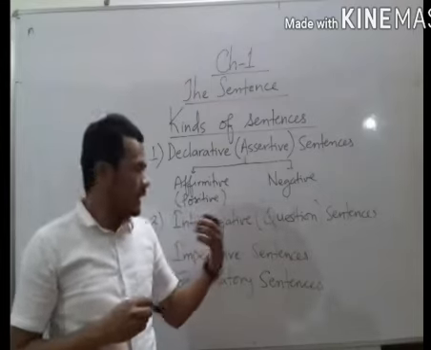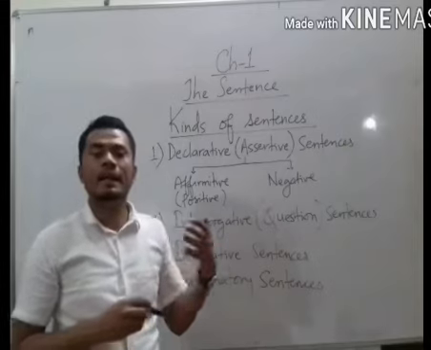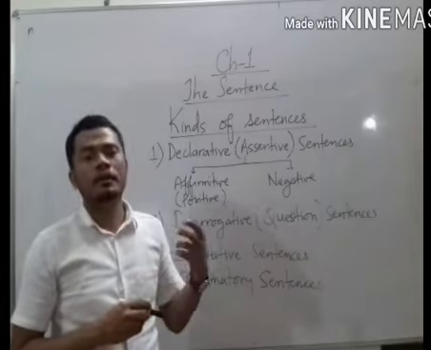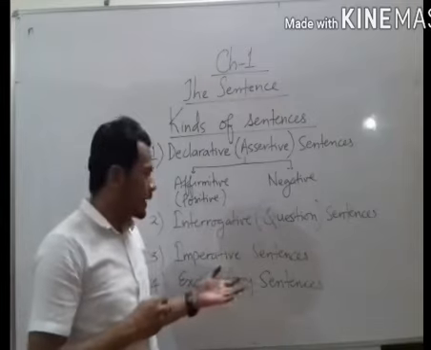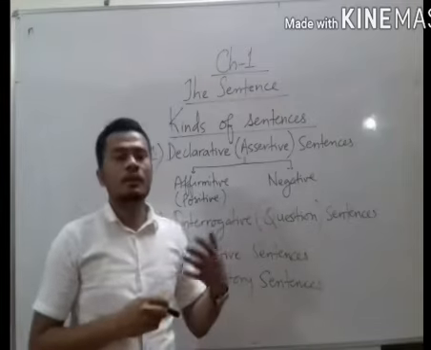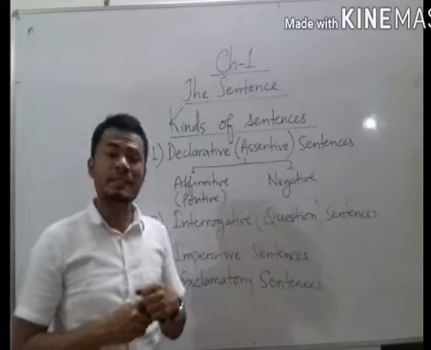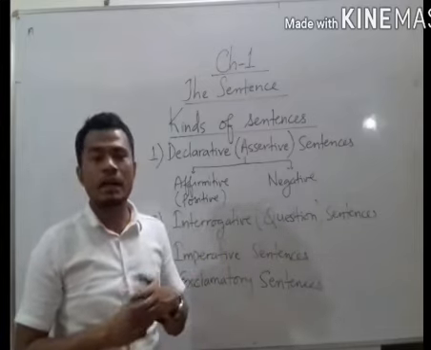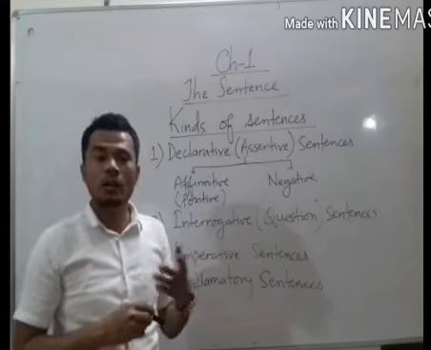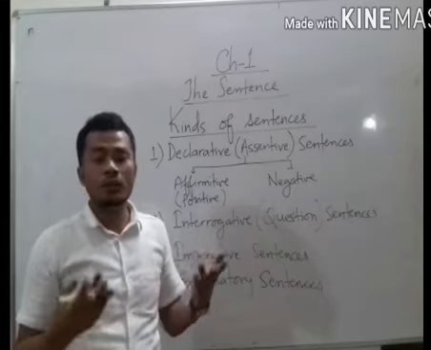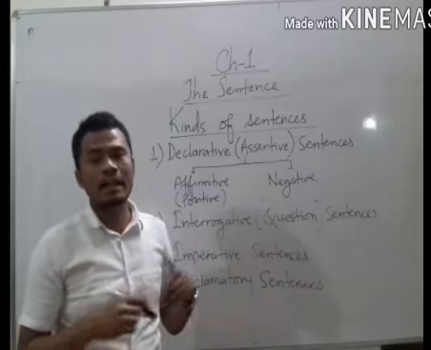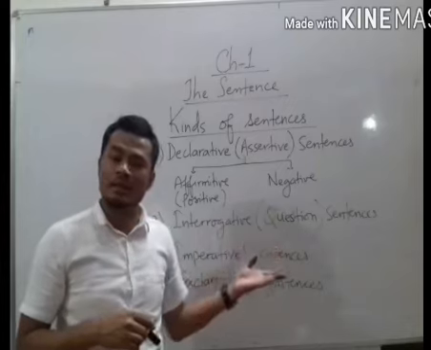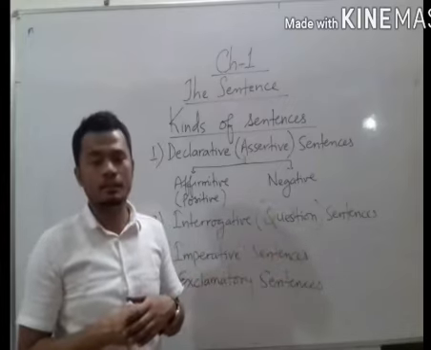And now we can also frame an exclamatory sentence by using an interjection. We all know that interjections are those words that alone carry the feeling of our happiness or any kind of grief or sorrow. So now I am making an exclamatory sentence by using an interjection.